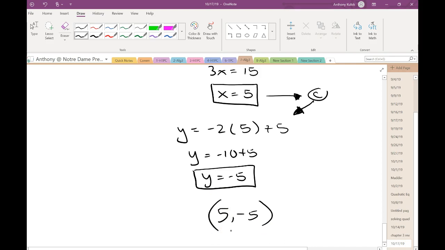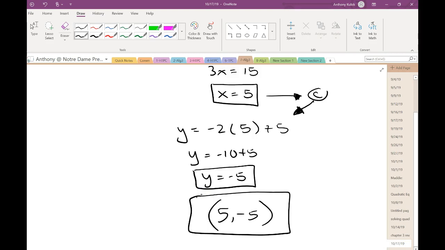And the way we typically write this is we're going to write our final answer as an ordered pair. So we're always going to write our answers as a tuple like this. And we're always going to write the answers in alphabetical order. So like x, and then y, and then whatever.